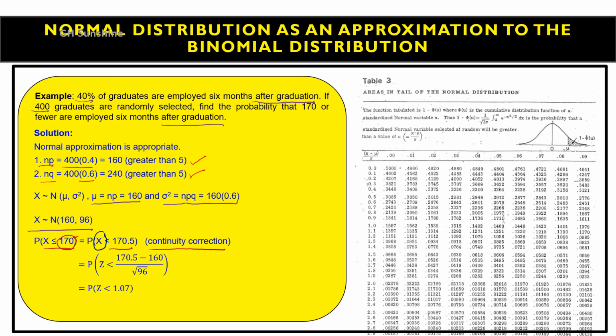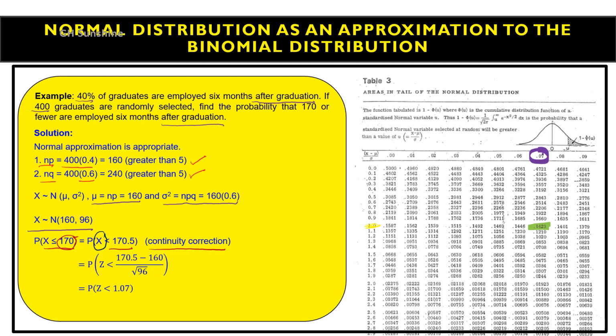So where is 1.07? 1.0 and then 7 here. So the value of the probability equal to this one, 0.1423.